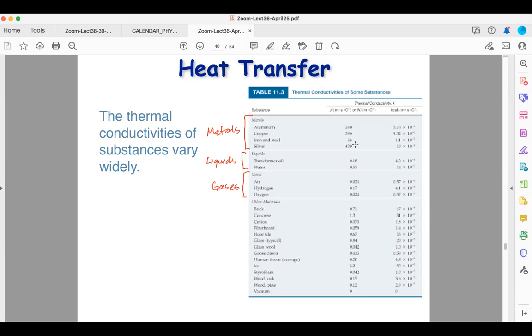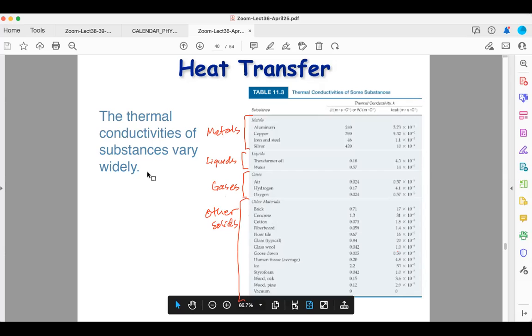Air is 0.024, for example, with respect to aluminum, which is 240. So these are the thermal conductivities for metals, liquids, gases, and other solids.